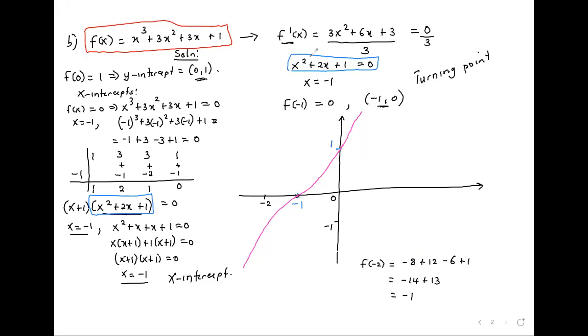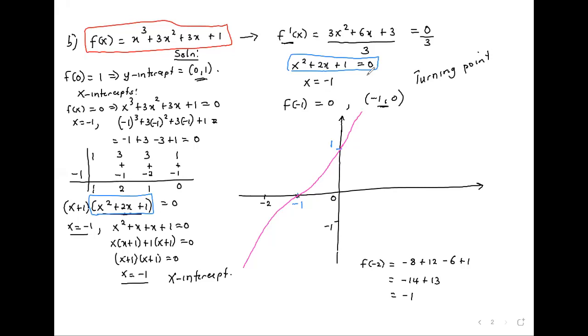Sir, I have a concern. What's the concern? When we second derive the first derivative, this simplified one, and then we substitute in negative one to find if it is maximum or minimum, we get zero.